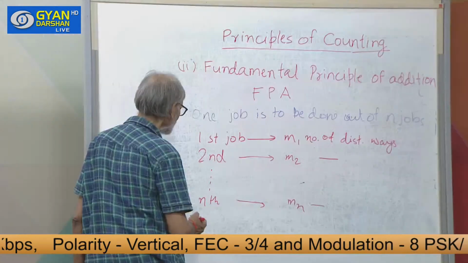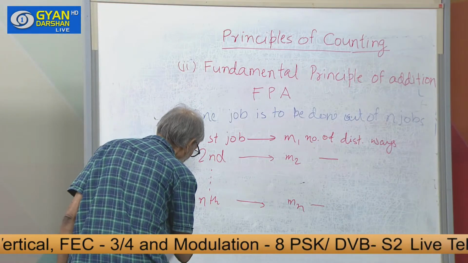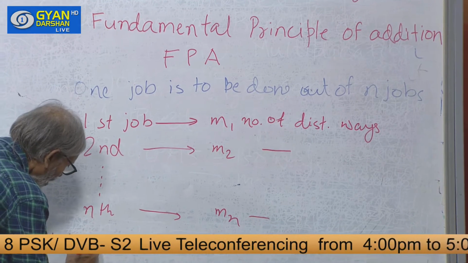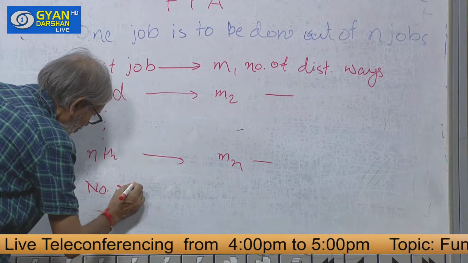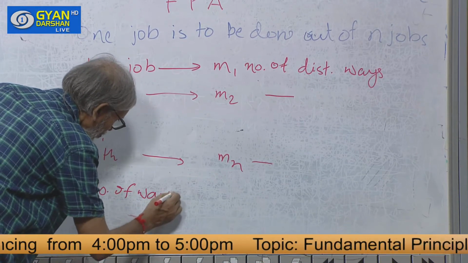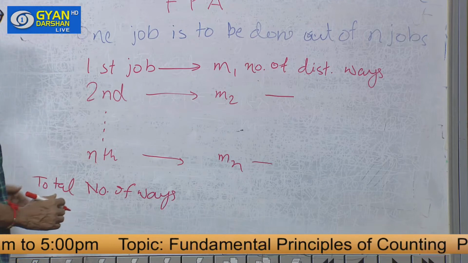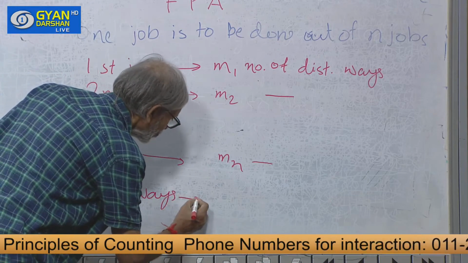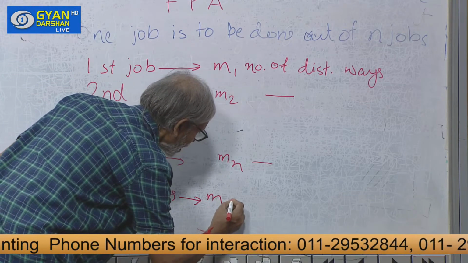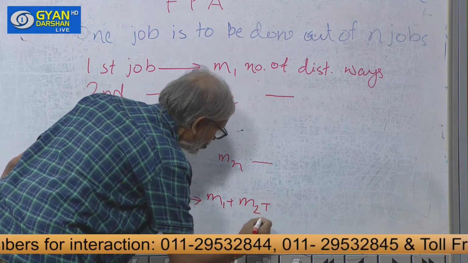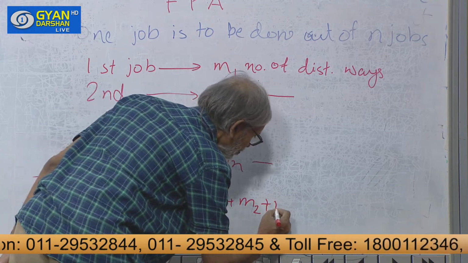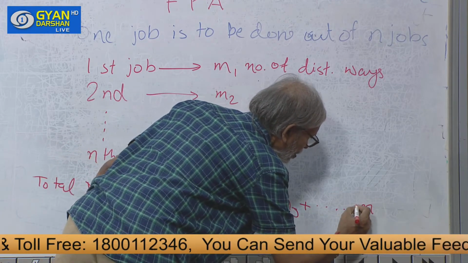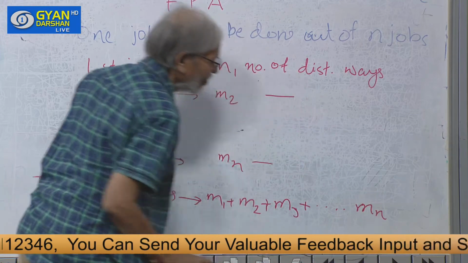That the total number of ways in which one job is to be done out of these n jobs will be equal to m1 plus m2, this will be addition, plus m3 till mn.